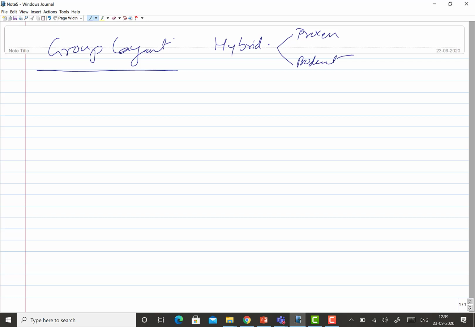So it is the hybrid structure, and these are used for manufacturing moderate volumes and moderate variety. Earlier you have seen high volume, low variety, or low volume, high variety. Here it is moderate volume and moderate variety.